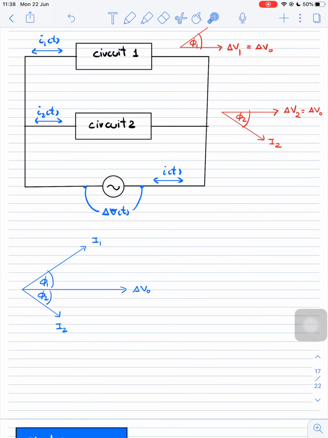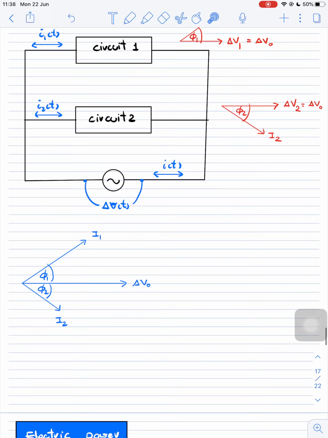Okay, so now we want to find the total current, let's say I naught, and we want to find the phase difference between I and delta V. As I mentioned before, the idea of this is the same as when we sum two vectors together. So let's break the vector I1 first. We have this one and this one.